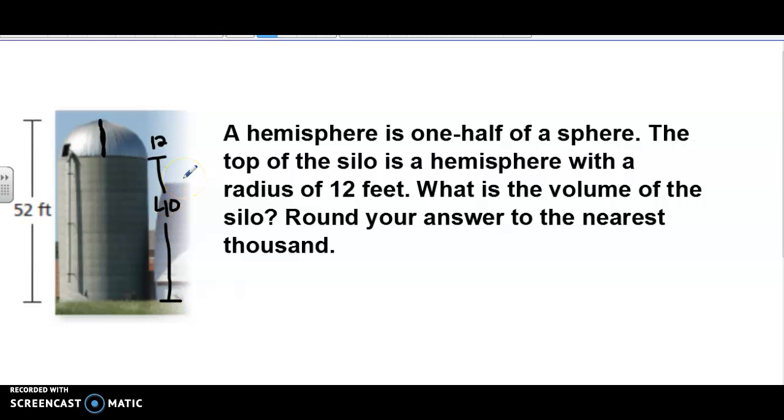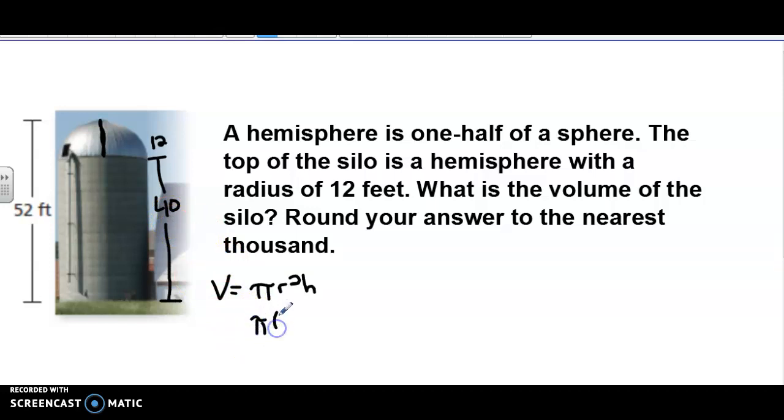So what we have here is a cylinder and a hemisphere. To find the volume of a cylinder, remember it's the area of the base, which since the base is a circle is pi r squared, times the height. For this cylinder, we have pi, which is the pi button on the calculator.